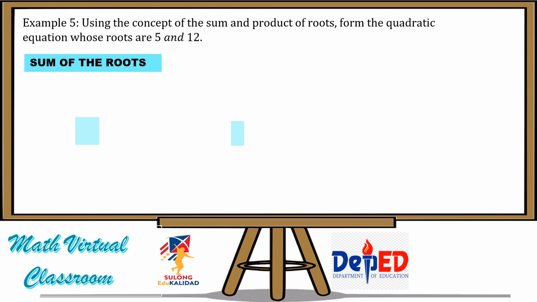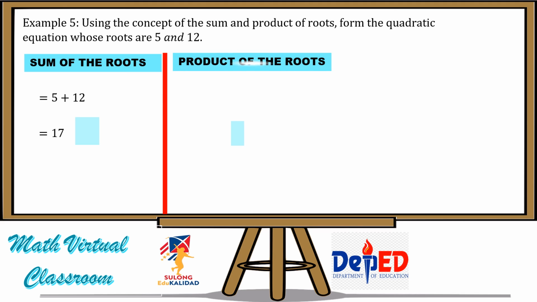This is easier because the numbers are whole numbers. 5 plus 12 is equal to 17. So that is the sum of the roots. The product of the roots is 5 times 12, and that is equal to 60.